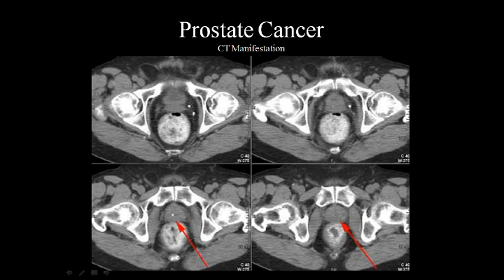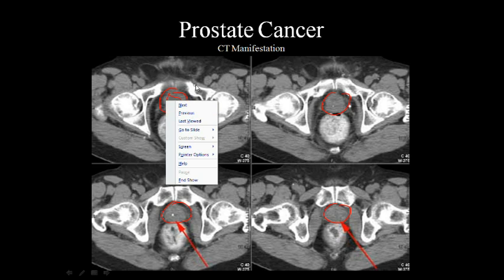And so what we're seeing here is the prostate. In all of these images, what we're typically looking for is this increased area of low density versus enhancement here.